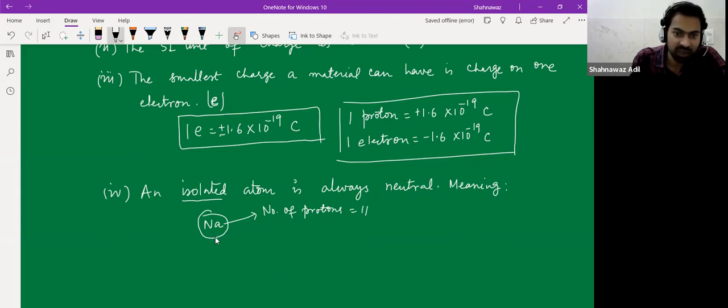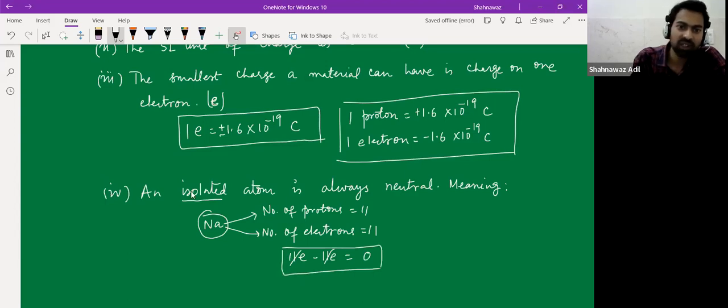And this is isolated, so it will also have the number of electrons equal to 11. That is why it is neutral, because you have 11e charge and minus 11e charge of electrons. So the total charge would be 0. That is why all isolated atoms are neutral.